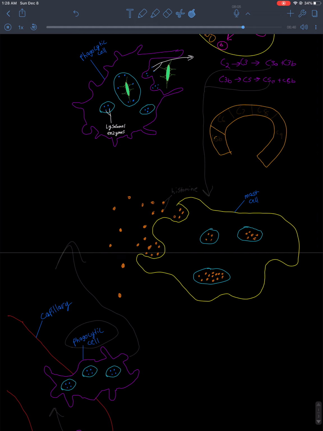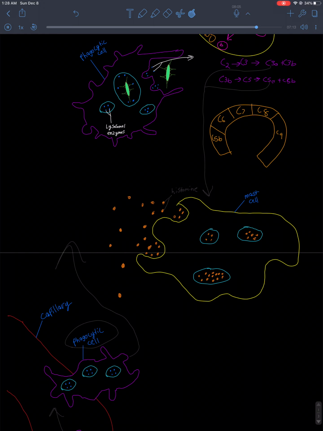So C5b, C6, C7, C8, and C9 are now embedded into the membrane and form the membrane attack complex. This attack complex is a large pore that can kill the bacterial cell through osmotic influx of water.